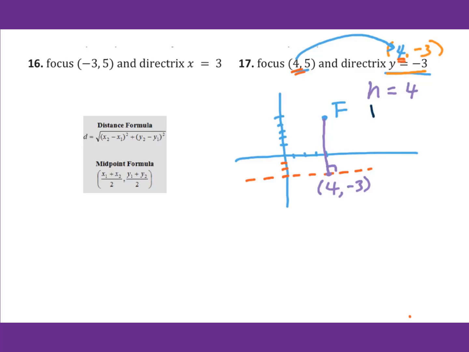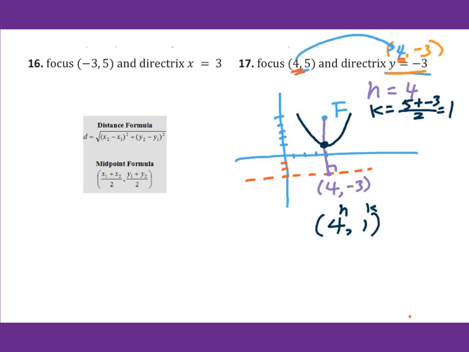Then your k equals 5 plus negative 3 over 2 equals 1. Therefore, (4, 1) will be (h, k). You will get it over here. Then you can sketch the graph like this. Your p will be 4.